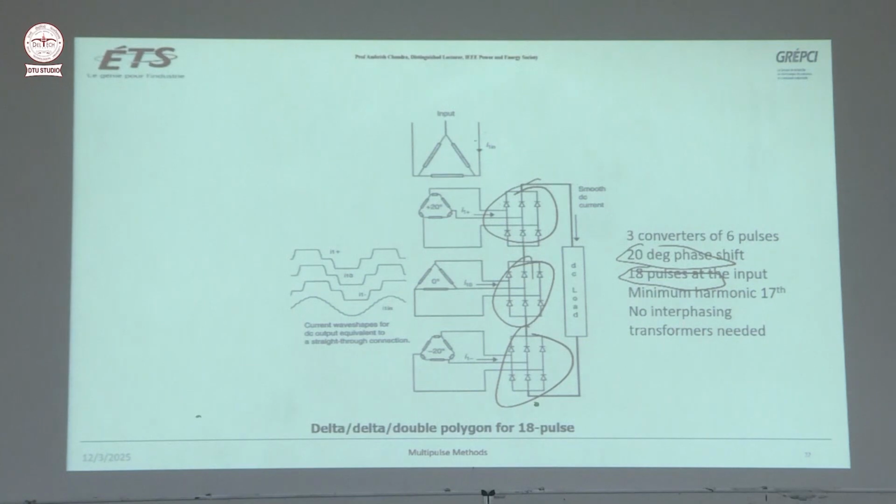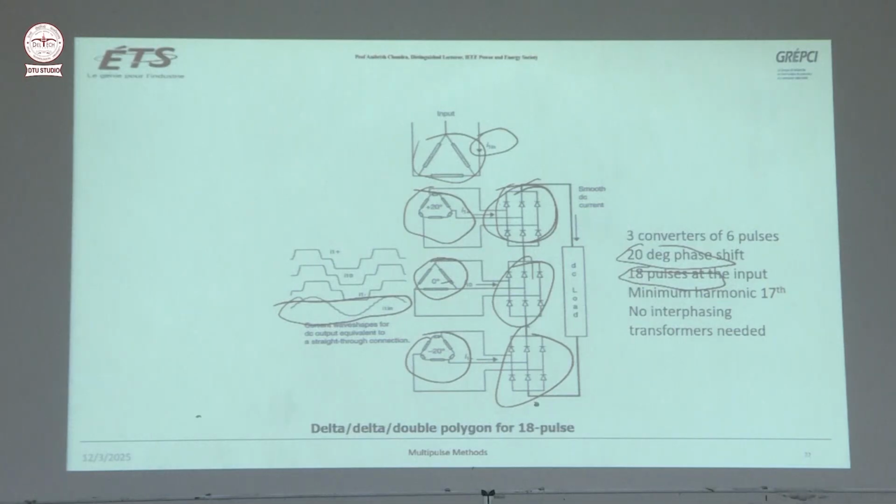As you can see in this line, it is already so much smoother. If you take only one converter, it will pollute a lot. But now because of the phase shifting, this is delta, 0 degree here, then this is plus 20 degree and this is minus 20 degree.